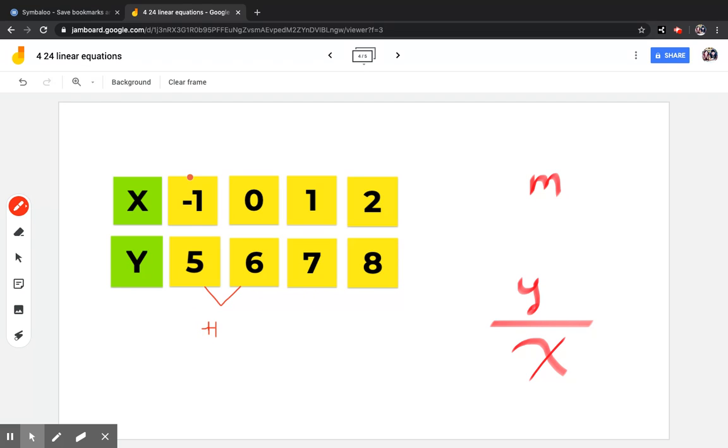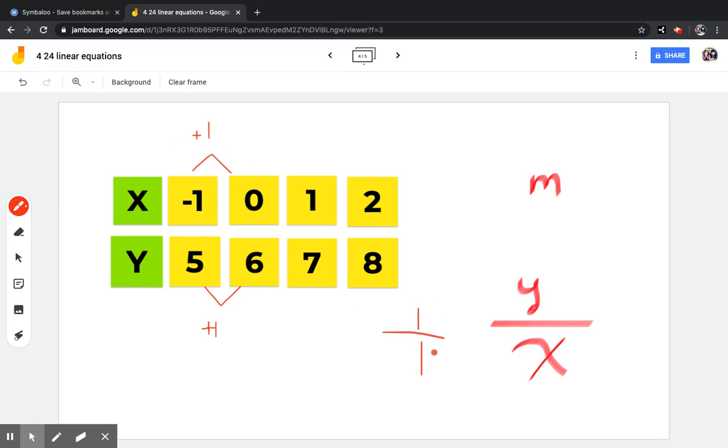All right, now let's check out my x. So I have negative 1 to 0. That is also plus 1. 0 to 1, 1 to 2, it's all plus 1. So I'm going to replace my change of y and change of x with what the change is. So y is a 1 and my x is a 1.